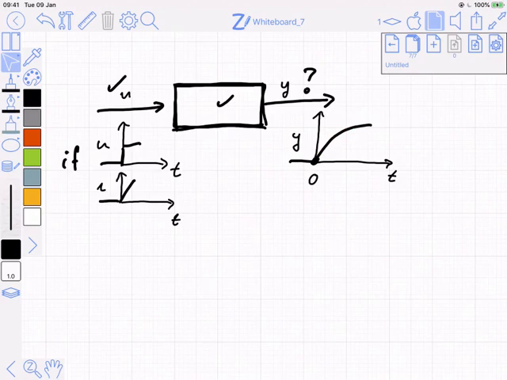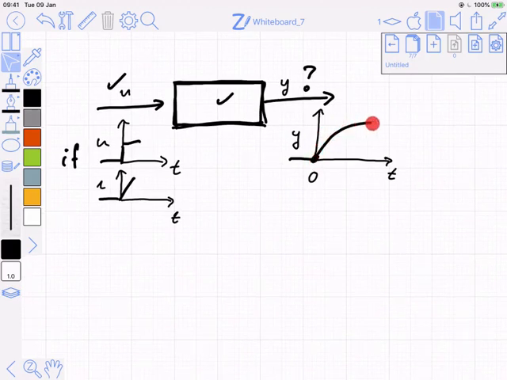This is not guaranteed. Not all systems will reach a new steady state, but in the case of low order, numerator-dominated or denominator-dominated transfer functions, they will typically be of this shape. And most of the real processes that we study will be stable. In other words, they will reach a bounded new value.